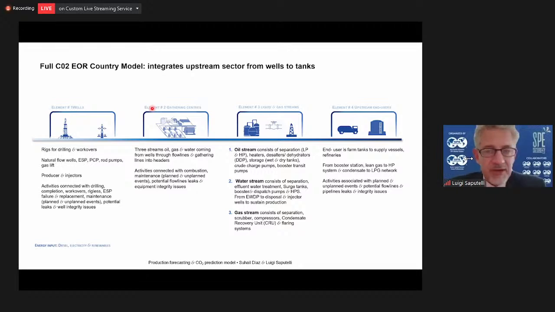In this model, we consider all the upstream elements: rigs, natural flow wells, producers and injectors, activities connected with drilling, field development planning, etc. We have all the gathering center capabilities, from multi-phase flow, from wells to flow lines, activities connected with combustion, and also vents. Then we have the liquid streams and the upstream end users.